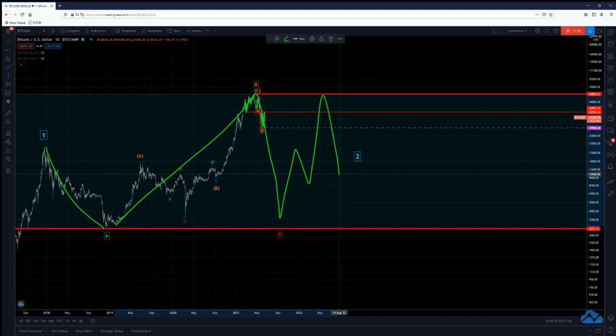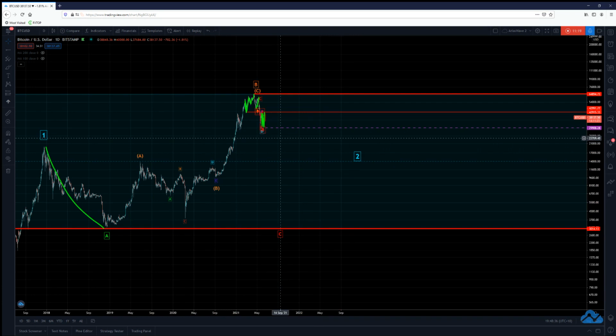Can you see the fractal nature? But that doesn't mean that it's going to happen that way, right? Sometimes these patterns take different shapes and forms, which I explain in various videos that I do. Okay, so we could see a CDE pattern depending on what's coming. We could see a C wave which doesn't go as low as I say.